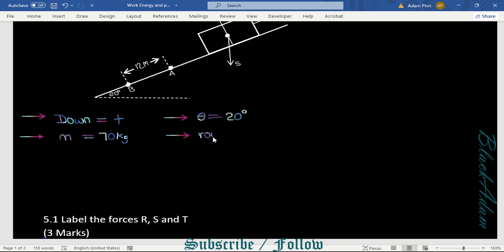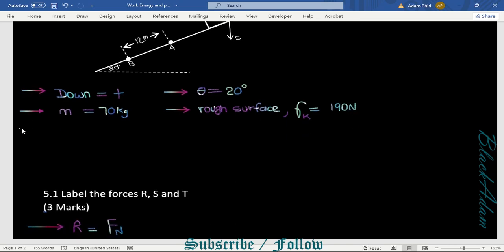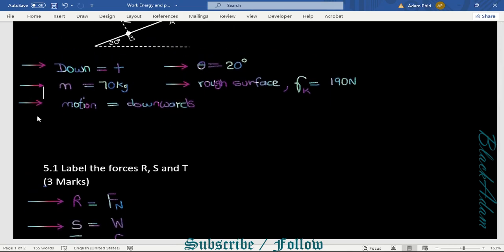We have a rough surface, which literally means that we have friction there. The kinetic friction is 190 newtons. We know that the motion is downwards, so we can check whether it's cos 0 or cos 180 degrees when calculating the work done by the forces.